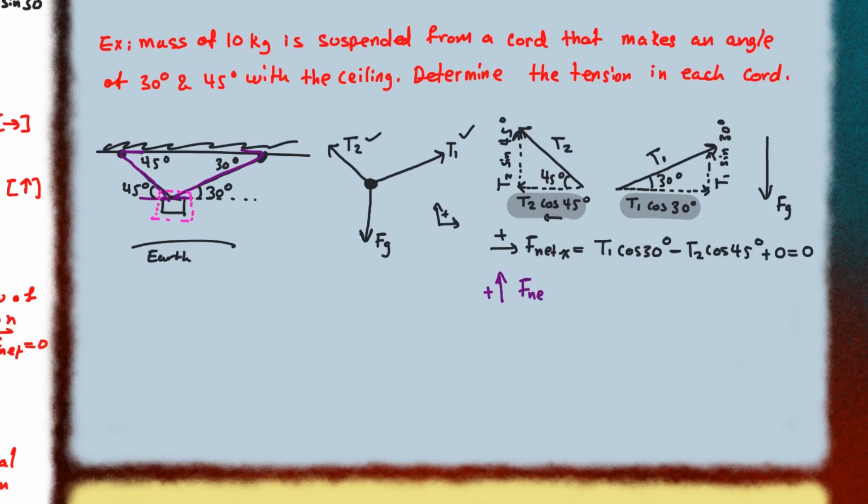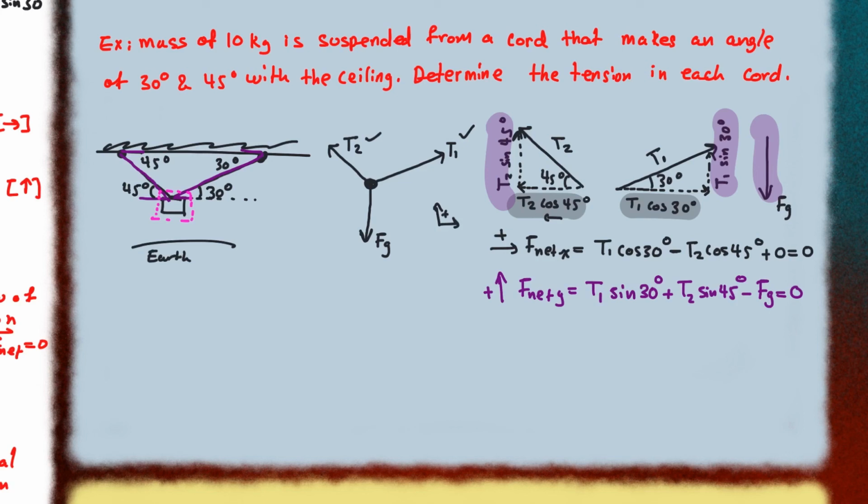We got F net y is going to equal the y component of T1, which is T1 sine 30, positive because it acts in the upward direction, plus T2 sine 45, also positive, minus Fg because Fg is going in the opposite direction as our coordinate system. And since the mass is at rest, all of those forces sum up to 0.